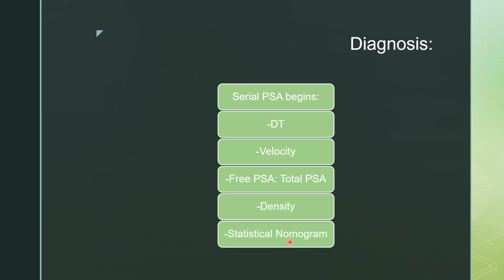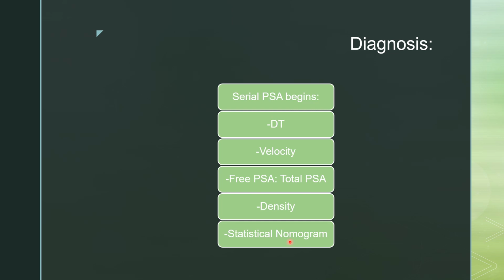And then lastly, about serial PSA, because when you are doing serial PSA, what do you want to do with it? There's an entity known as statistical nomogram. In this case, we will use all the parameters available, like the free PSA level to the total PSA. We will consider, is this a black man, Asian man, white man?